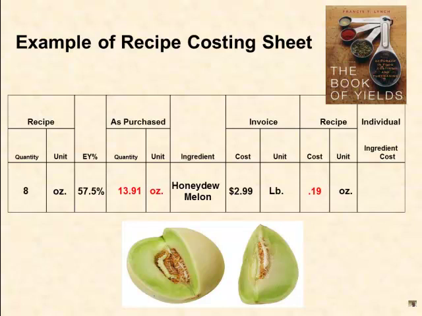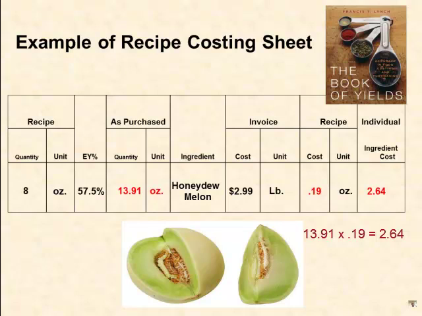Well, since we need to purchase 13.91 ounces of melon in order to get our 8 ounces of usable melon for our recipe, we need to multiply 0.19, which is our cents per ounce, by 13.91 ounces to get our total ingredient cost for the honeydew melon of $2.64. See how this is? We're not using our 8 ounces because that's not factoring in waste. We need to do it by our as purchased amount, which is 13.91.